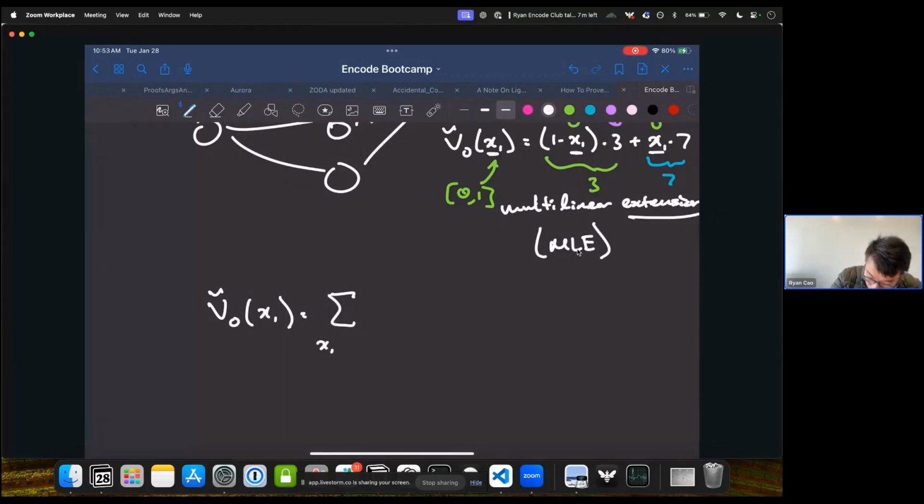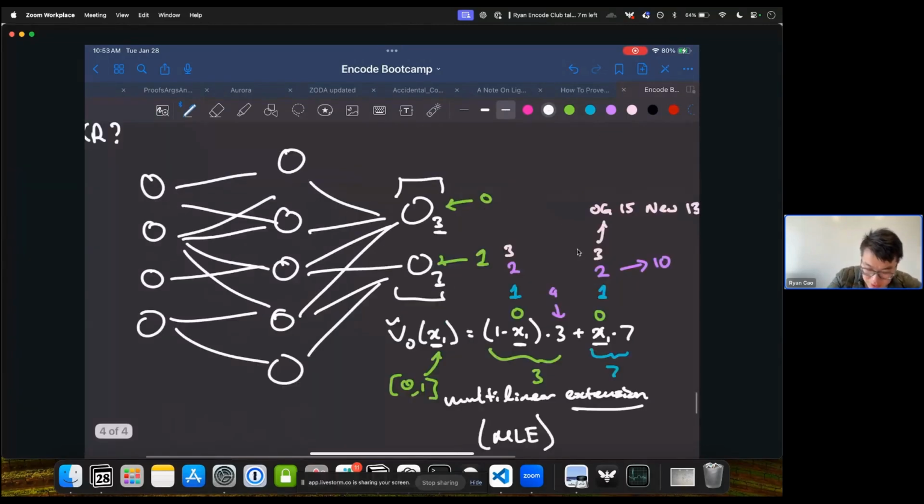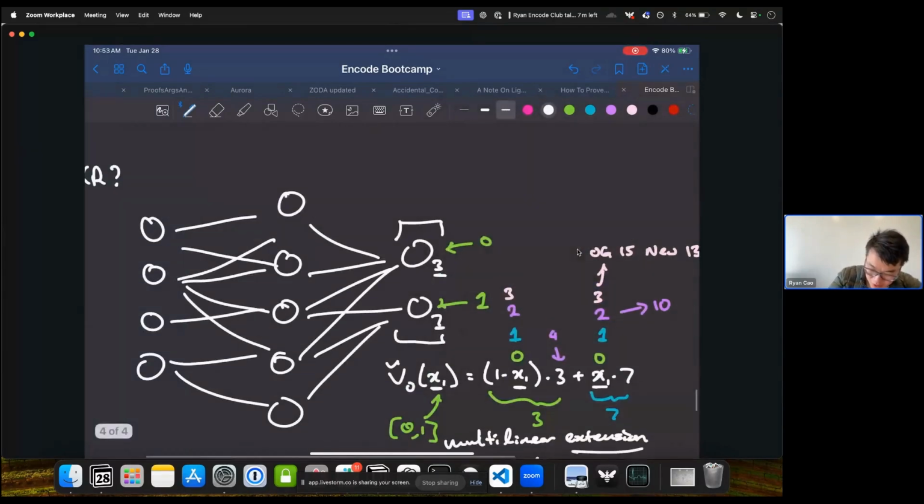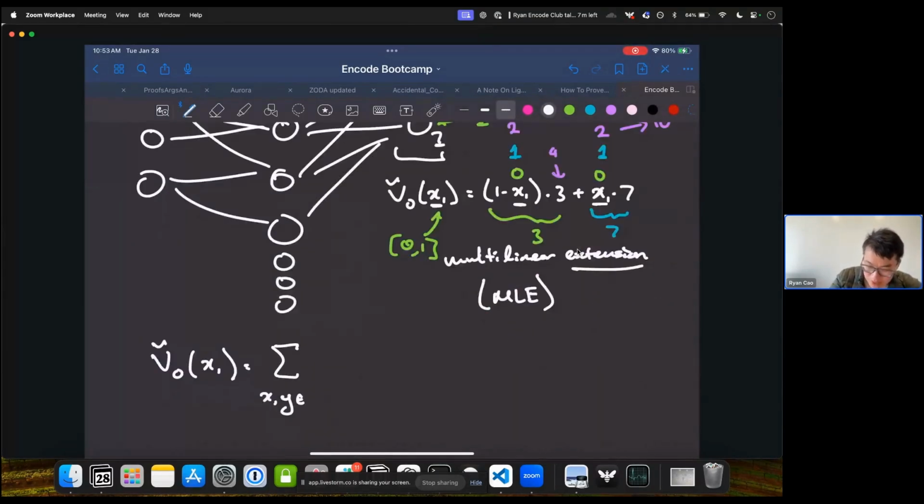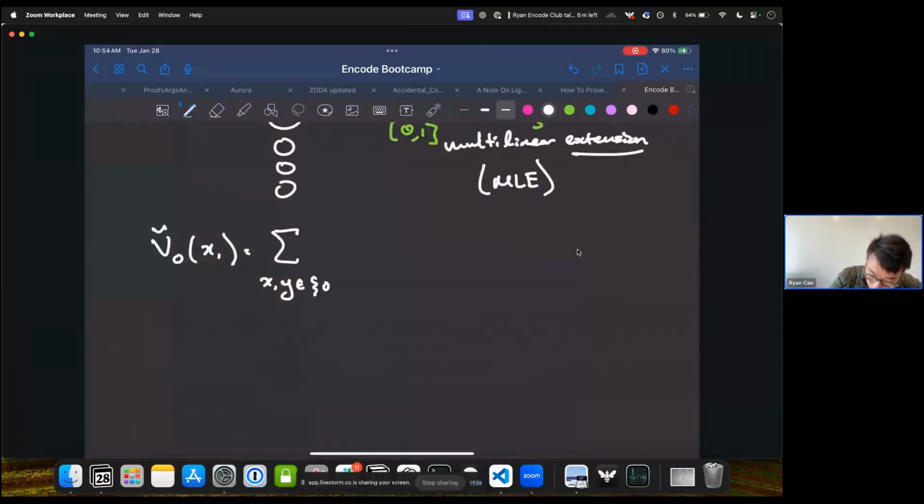of x comma y, where each of x comma y, and wow, this circuit has 5 elements in it. Let's make it 8 elements, so we're at the next power of 2. But the point is that x, y should be in {0,1}^3 each, because we need 3 binary variables to represent 8 elements, right?